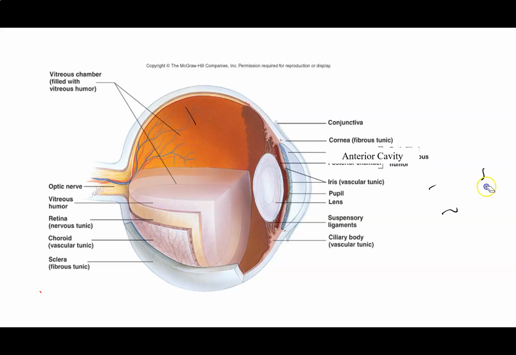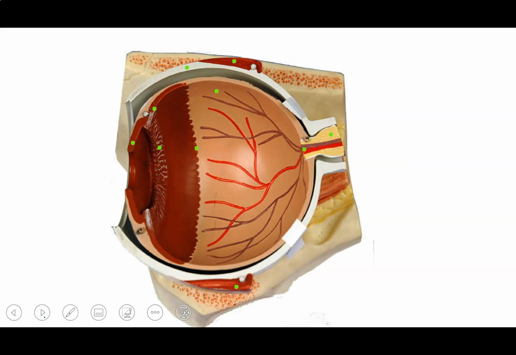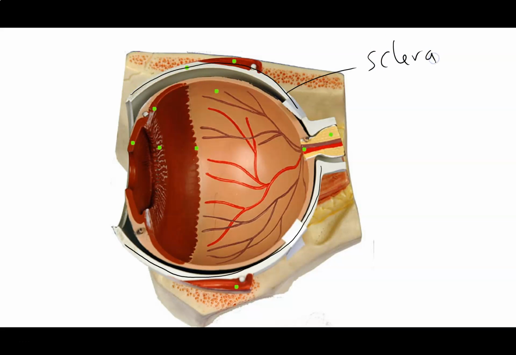Let's walk through this on an image of the model. So here is one of the eye models. It's been cut open in sagittal section. The part of the model that depicts the cornea has been removed in this particular example. And so in white, there and there, we can see the sclera.